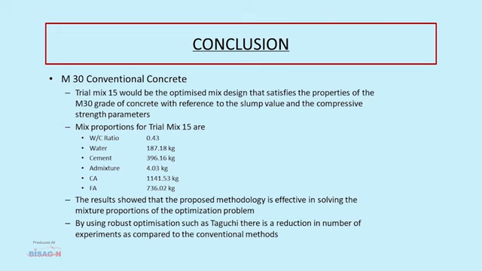The result shows that the proposed methodology is effective in solving the mixture proportions for optimized design, and by using this robust method of Taguchi, we can find out the optimum value of the different ingredients.